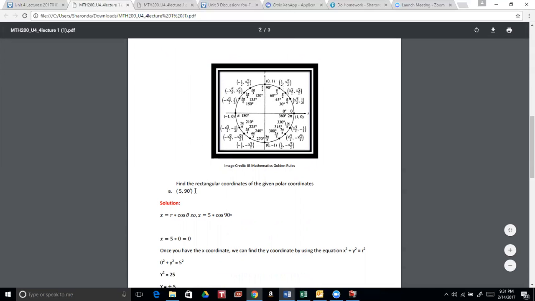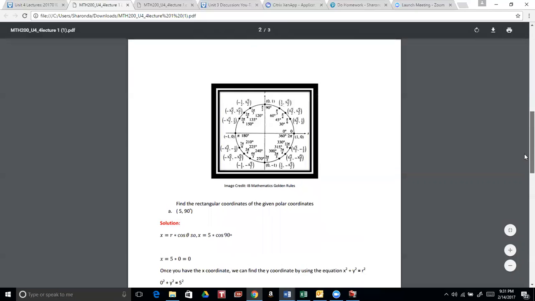So if we wanted to find the rectangular coordinates of the given polar coordinates, we have 5, 90 degrees. For the solution, x is equal to r times cosine theta, where theta is your angle and r is your radius.